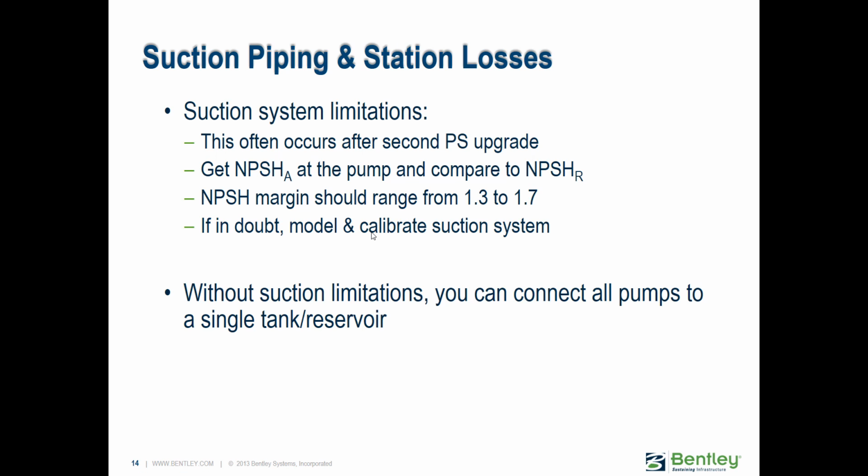So suction piping and station losses, again, it's important to include those, as they could be significant. Suction system limitations can sometimes occur if you have an older pump station with a smaller diameter suction pipe, and then you upgrade the pump station but you don't upgrade the pipes.